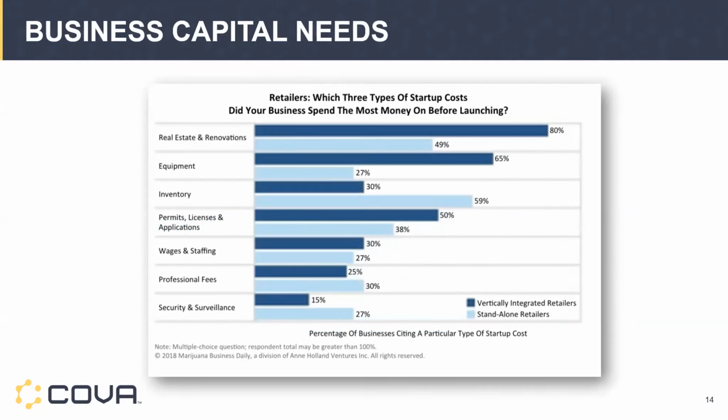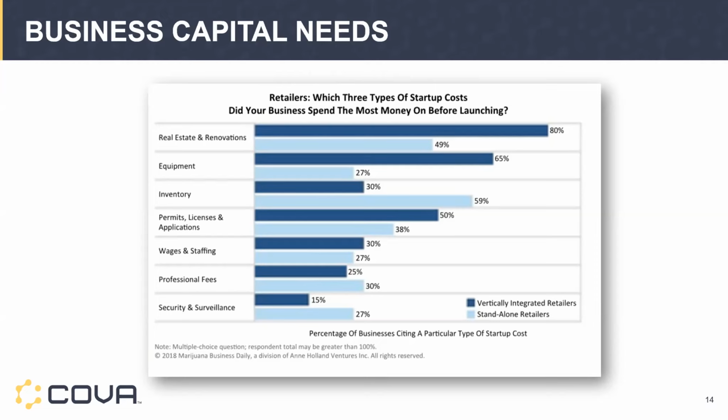Going back to what we know in the industry are the key needs that operators have. There's two different sets of lines on here. There's vertically integrated retailers, and where you see the bigger dark blue line, it's because they're growing cannabis and they're selling cannabis. There's certain places like Washington where you can't do both. But there's other markets like Colorado where you can.